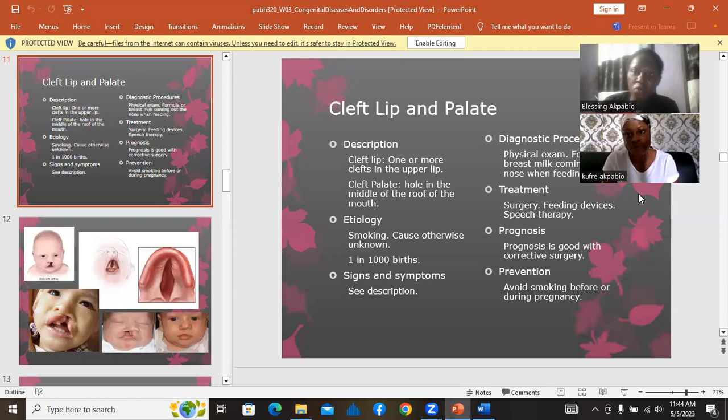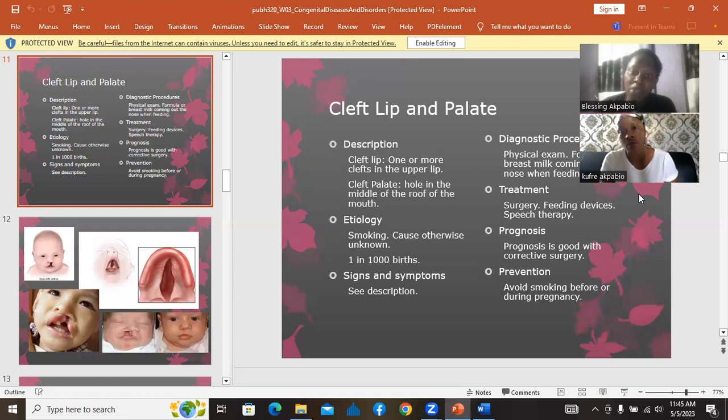So now to cleft lip, what a mother should stay away from while pregnant or before pregnancy is to avoid smoking before or during pregnancy. There are a lot of things that pregnant women do that can affect their children, but they don't know. And it causes the children to be born with these particular diseases.